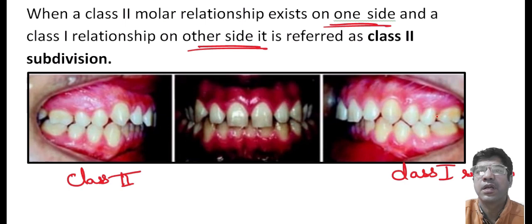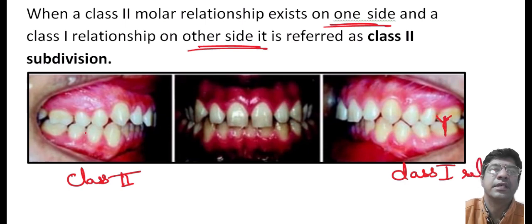Here the mesiobuccal cusp would lie in the buccal groove, whereas the distobuccal cusp of the maxillary molar would occlude in the mandibular groove.